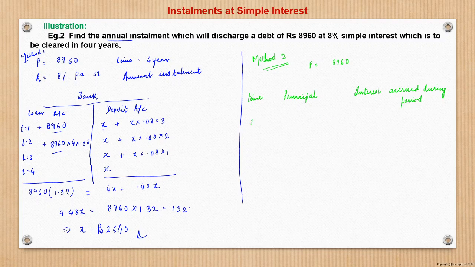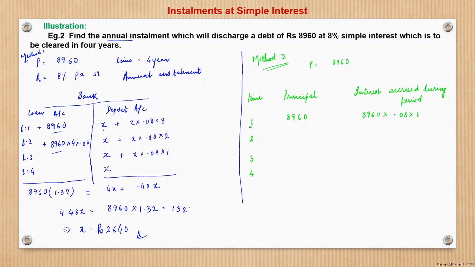So time is first year, second year, third year, fourth year. Starting principal is 8960. Interest will be what? 8960 into 0.08. And here we are interested to calculate the interest during first year, right? During first year. So 1.